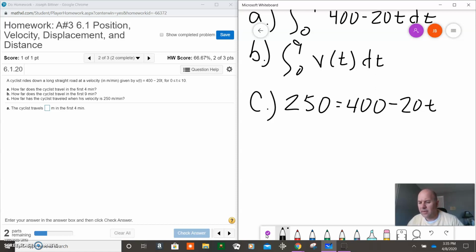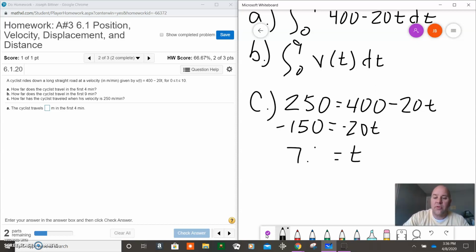And once I solve this algebraically, so I subtract 400, negative 150, divide by negative 20, obviously, and I get 7.5. All they're asking is what's the distance traveled up to that 7.5 minutes. And again, it's really the exact same problem there.